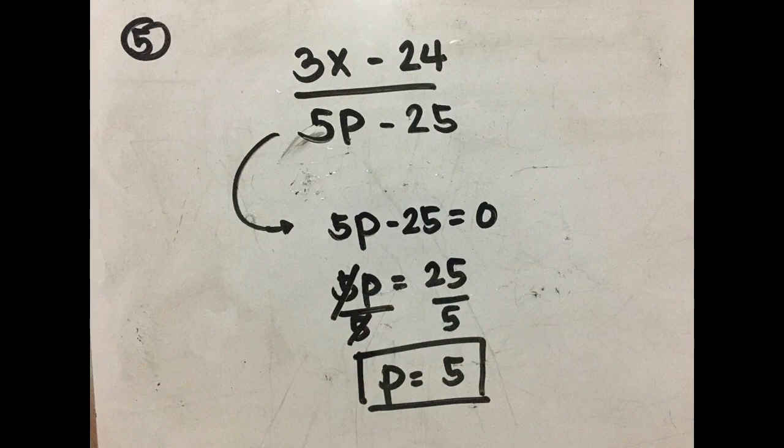Next, we will have 5p equals 25. We just transfer 25 to the other side of the equal sign. Divide both sides by 5, so we eliminate the 5 and the p becomes 25 divided by 5, which is 5.